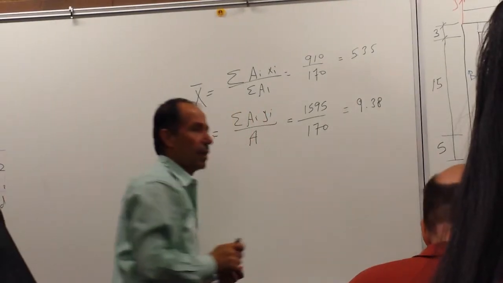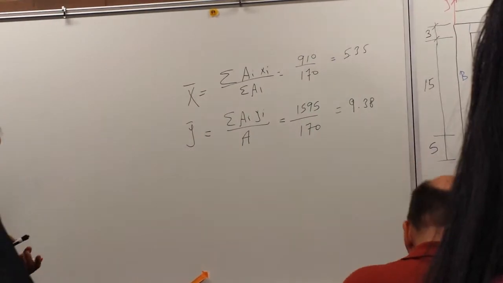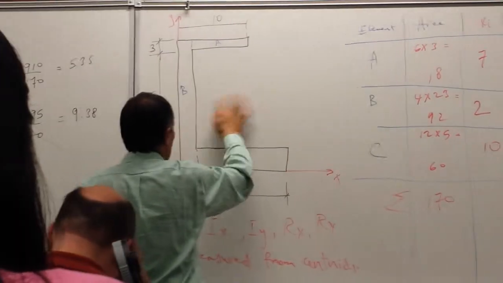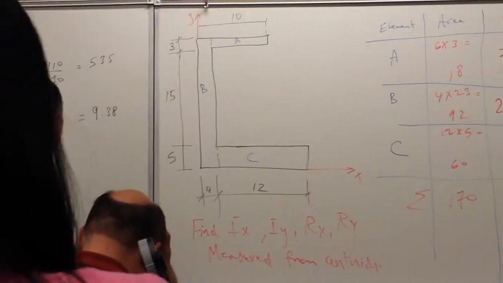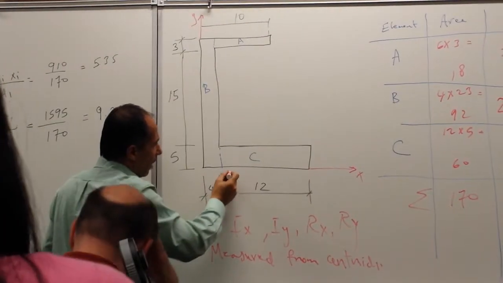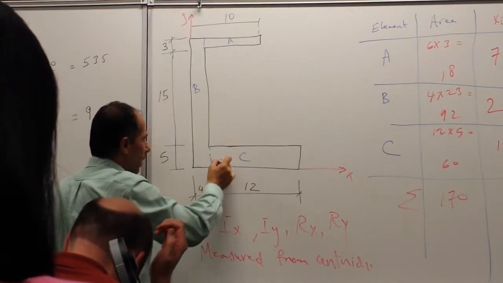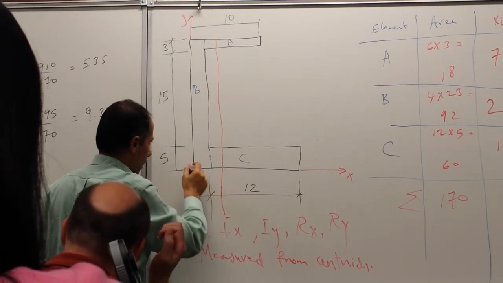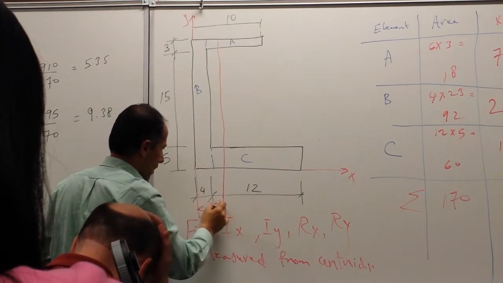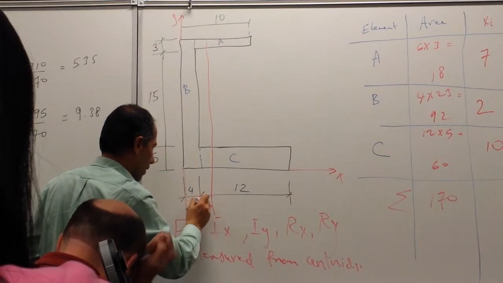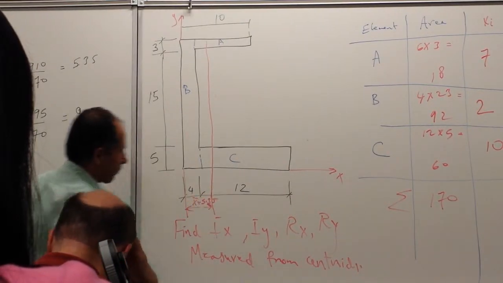In this case, let's draw the axis here. X bar is 5.35, somewhere in here. Correct? This is the distance here, I will call it X bar, 5.35.